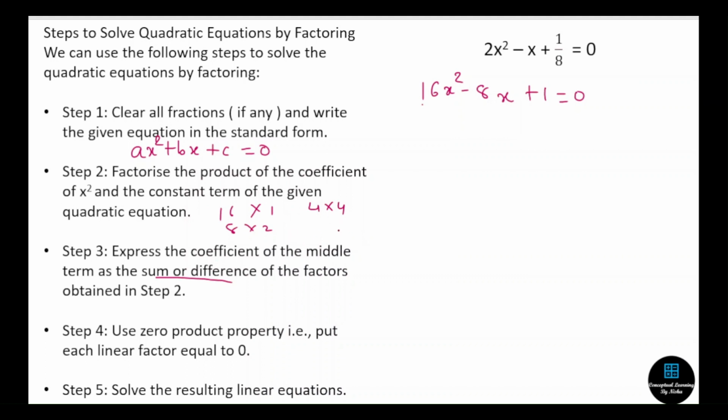Now, one important tip. Here when the C value is positive, then it is the sum. So let me write here: if C is positive, so C greater than 0, then you have to express this as the sum of the factors, otherwise the difference.